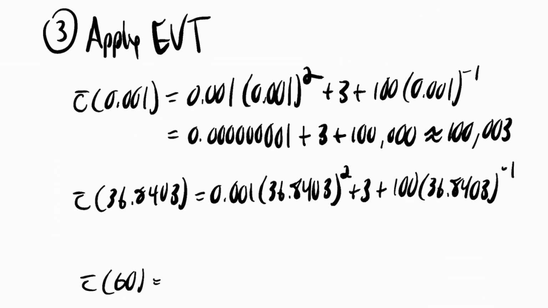So 36.8403 squared plus 3 plus 100 divided by 36.8403. And I get 7.0716.